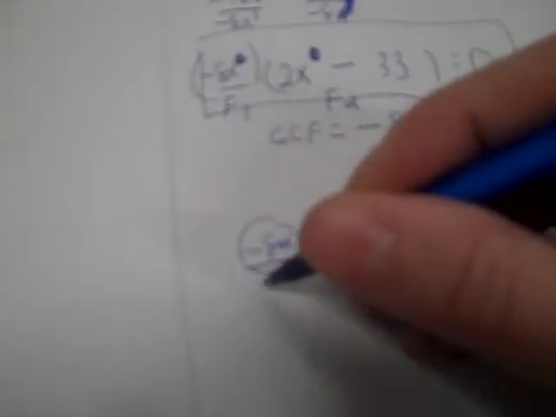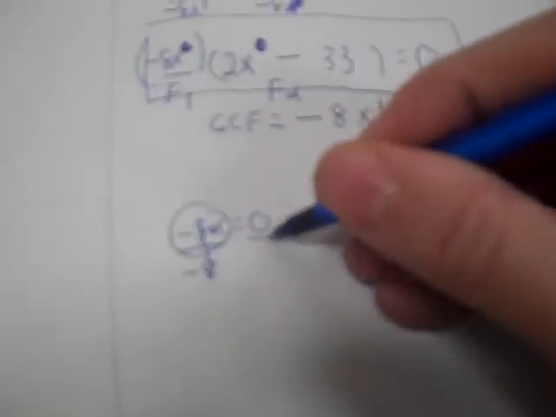So I set each factor equal to 0. Either negative 8x could equal 0, or 2x minus 33 could equal 0. I dot my x and circle it, and then I solve each one. Divide by negative 8. 0 divided by anything is 0.